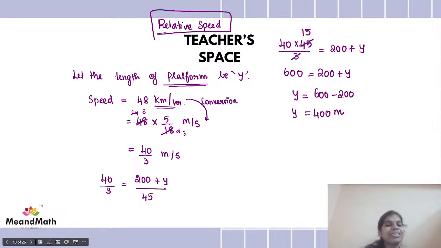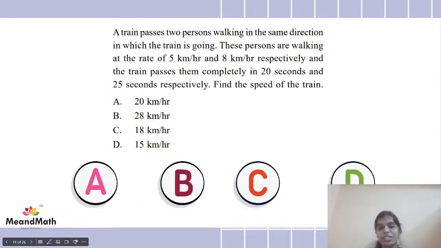Those who are clear, please give a thumbs up in your chat box. Yes, ma'am, it's clear. Very good. Now we can move to the next question.